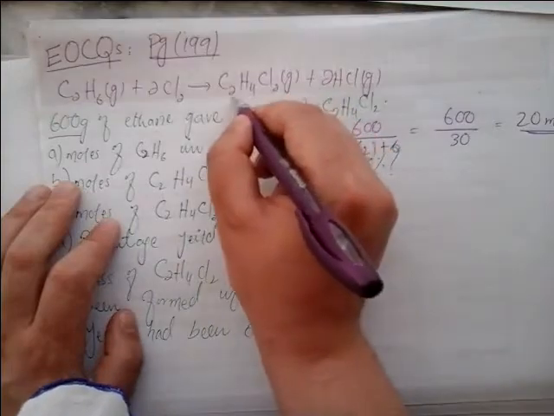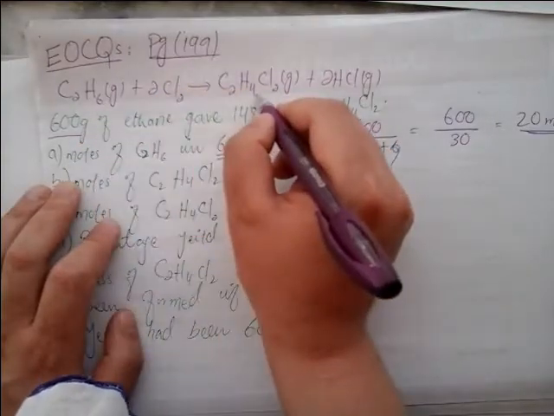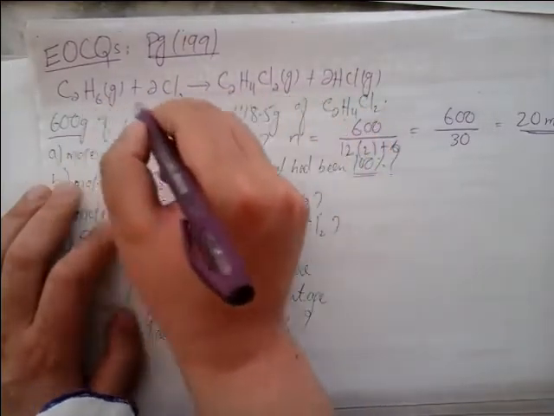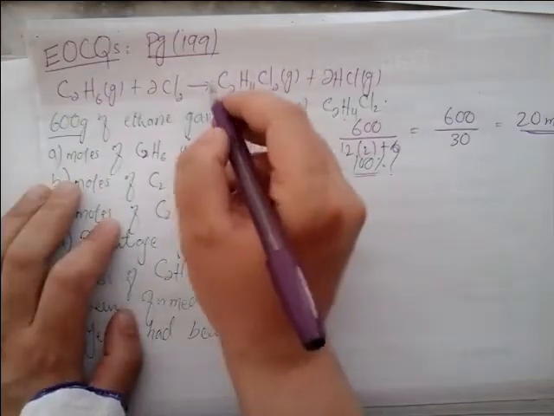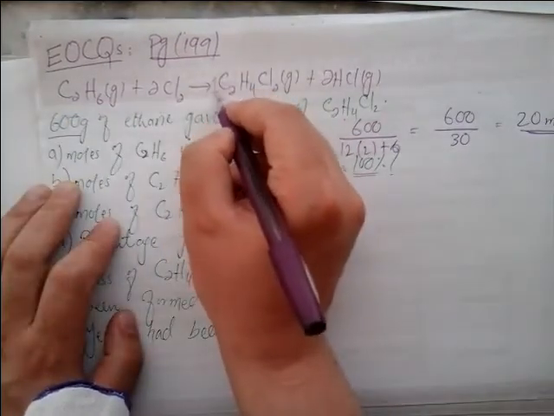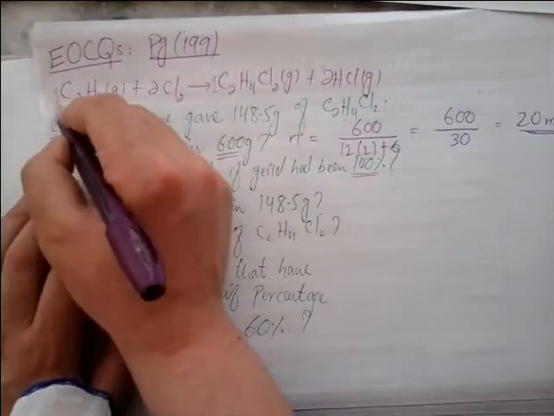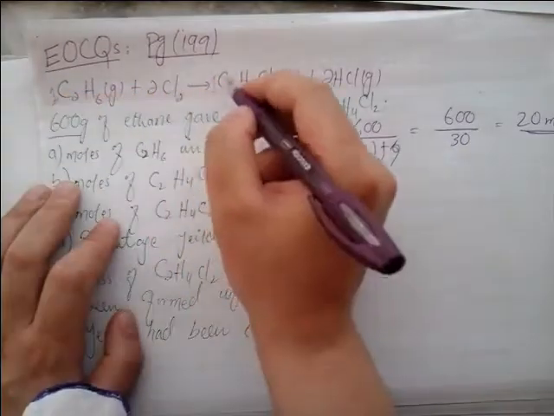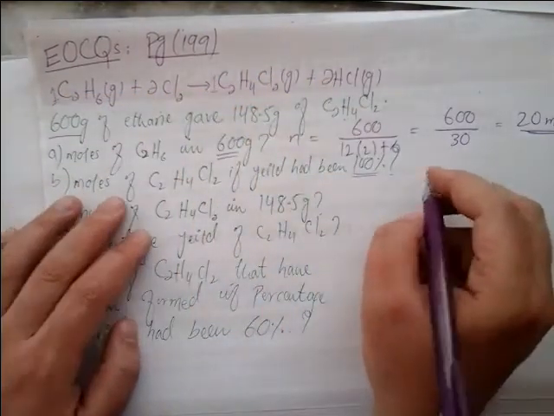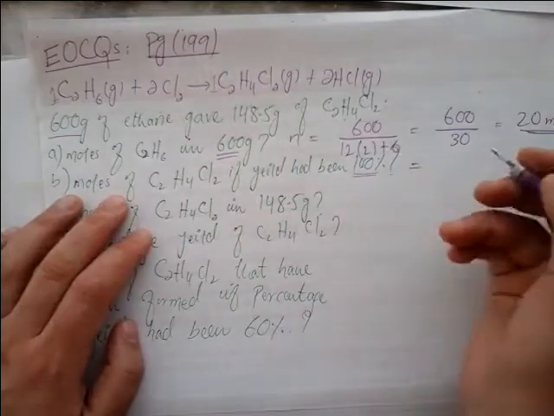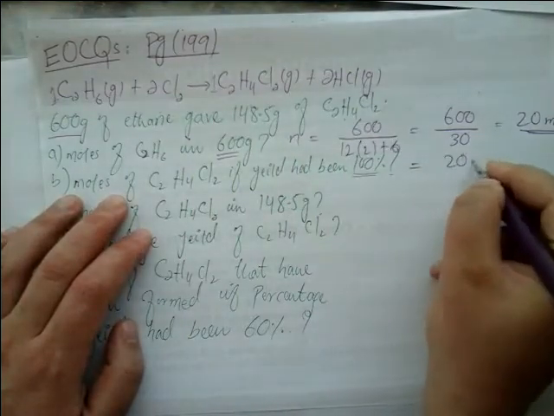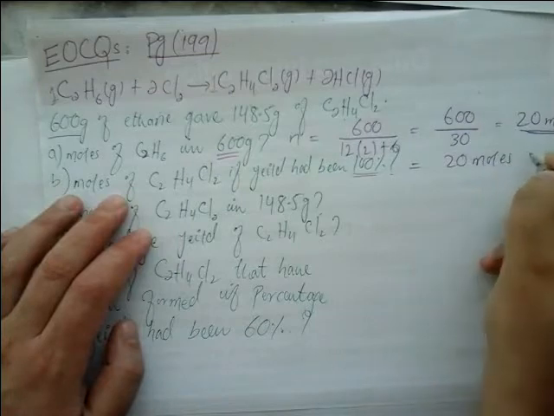The moles of chloroethane will be the same as that of ethane. Why? Because the stoichiometric coefficient of chloroethane is the same. If we apply the mole concept here, we get the same amount of chloroethane. So logically, 20 moles of chloroethane will form.